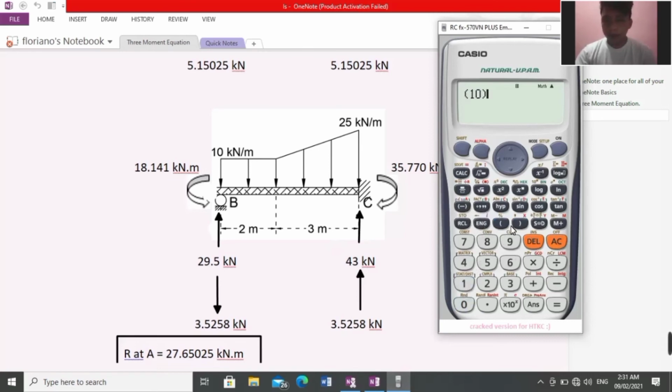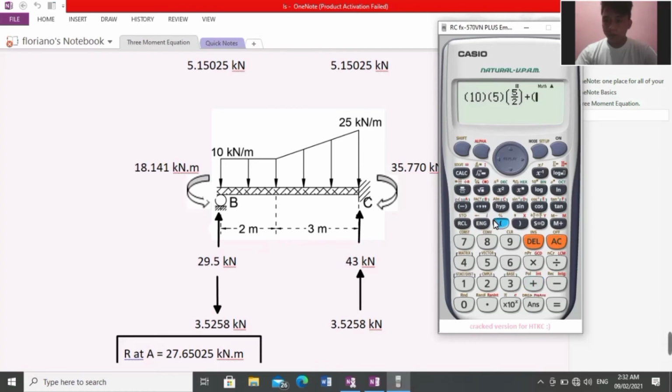10 times 5 times 5 over 2. Diba? Naintindihan nyo ba yung gusto ko sabihin? So, kasi diba ito yung height niya is 10 and the distance is 5 and the centroid is 5 over 2. Clockwise siya. So, meron pa tayong triangle.